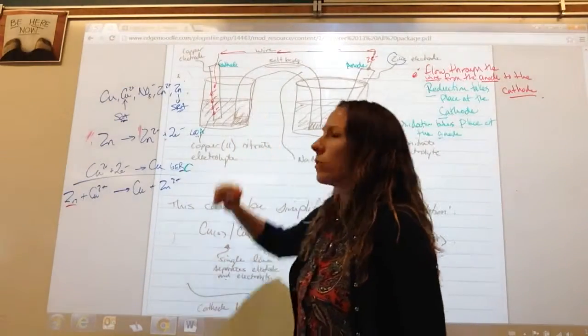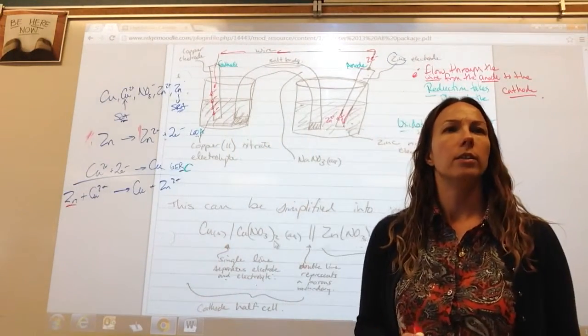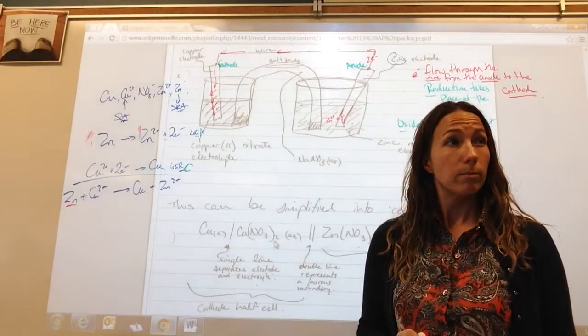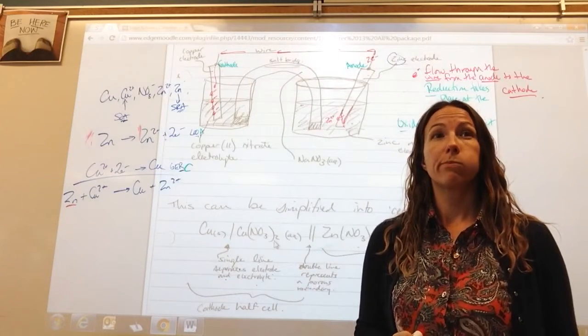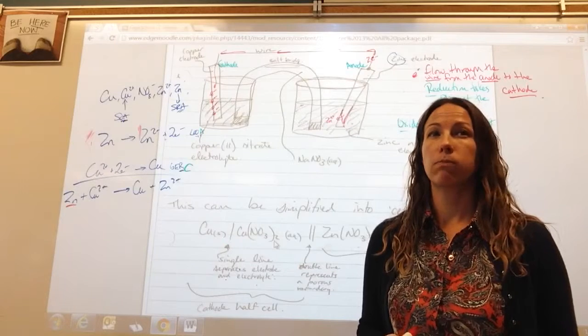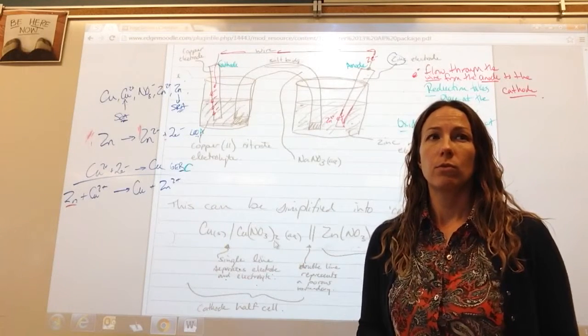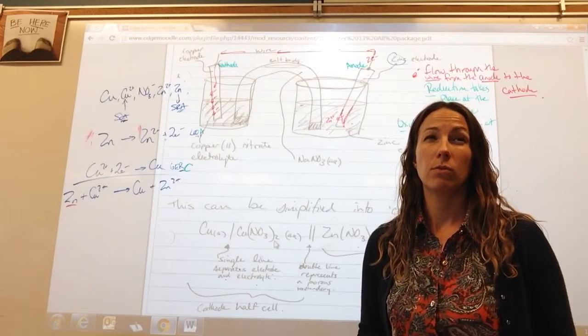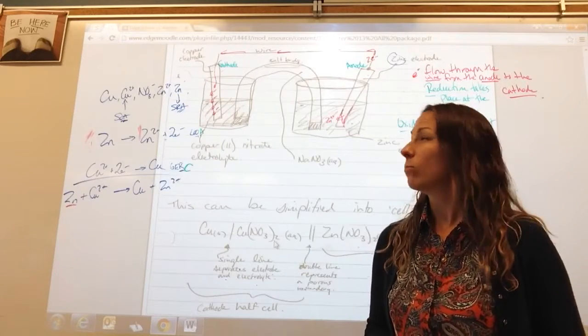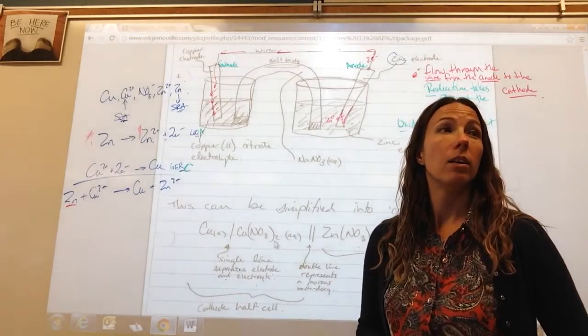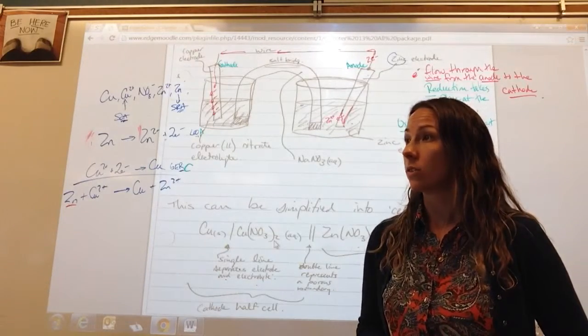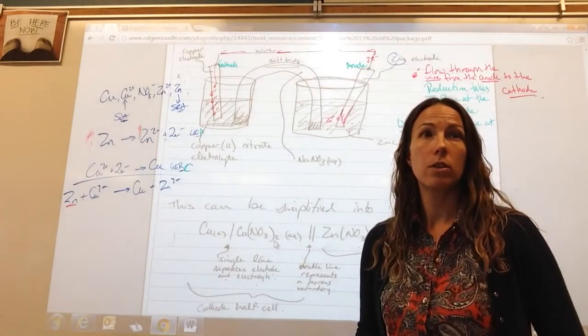What charge do you think the cathode must have? Why do you think negative, Davin? What's building up there? Electrons. What charge are electrons? Negative.